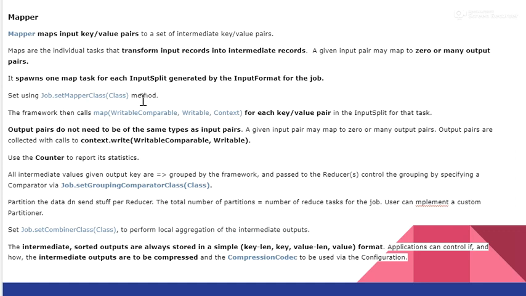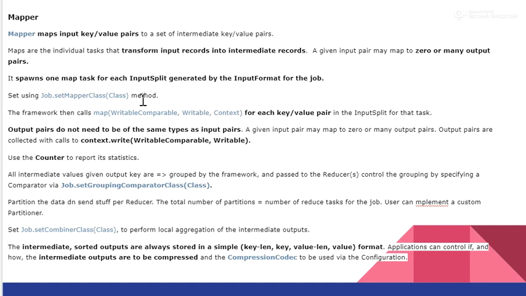Each block of data will be taken in as an input split, and that will be processed for each record. There will be a record input for each input split, which will be created by the record generator framework.